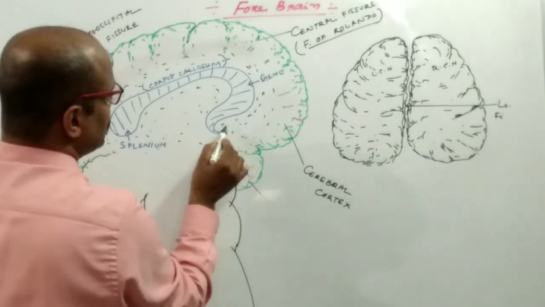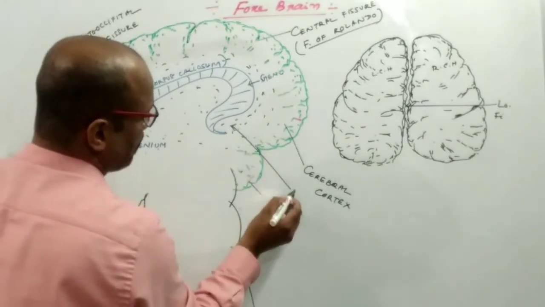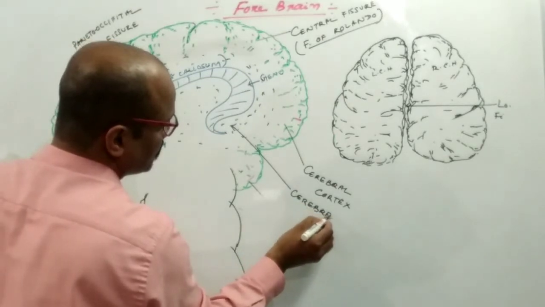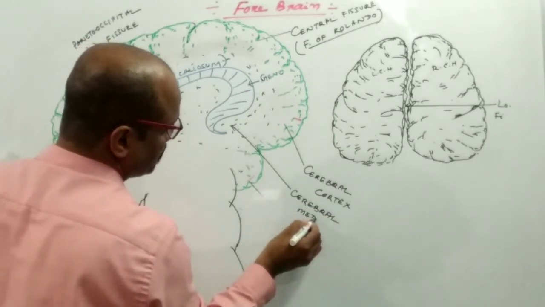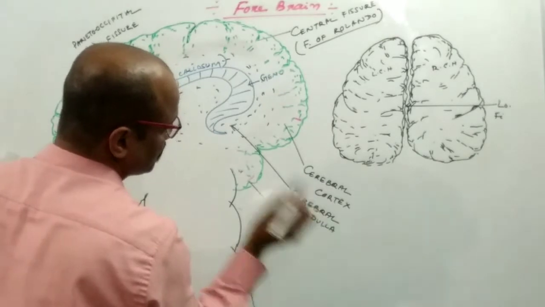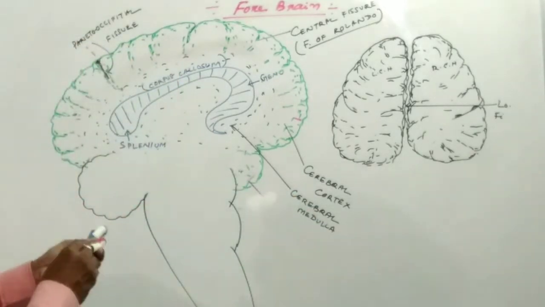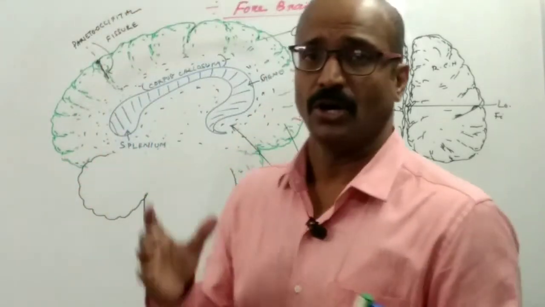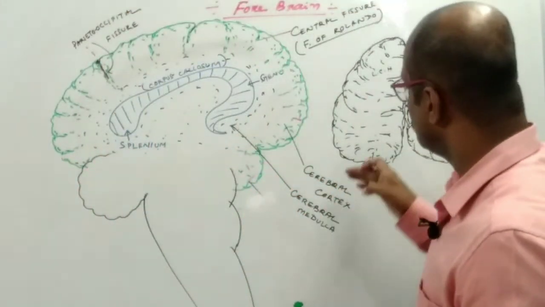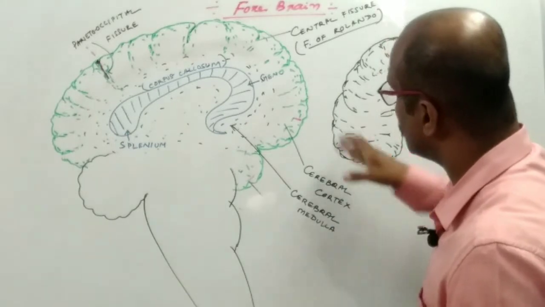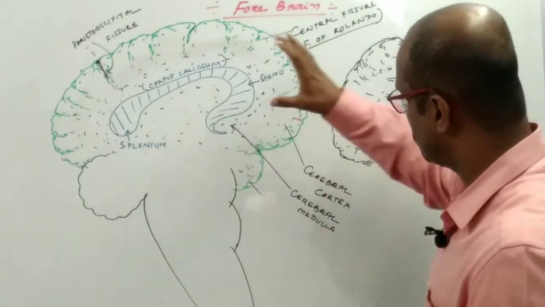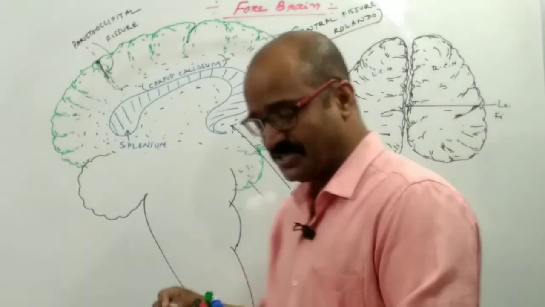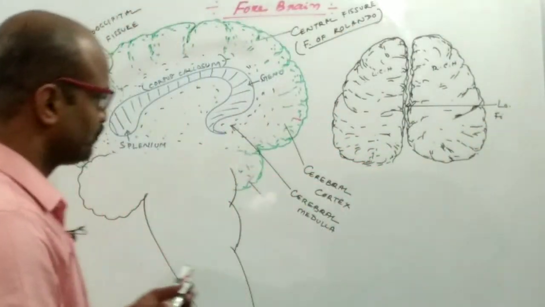And the inner region is known as the cerebral medulla. So the cerebrum is differentiated into two regions: the outer gray matter, known as the cerebral cortex, and the inner region, made up of white matter, known as the cerebral medulla.